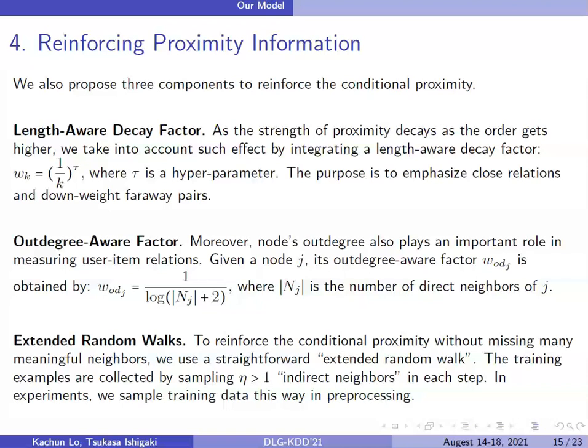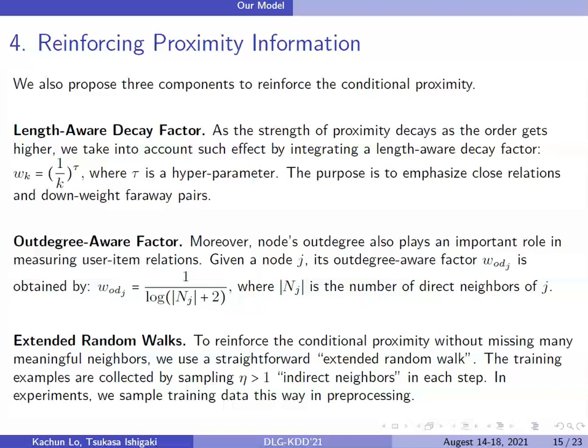So we take into account such effect by integrating a length-aware decay factor, where k is simply the length of the path. The second component is called the out degree aware factor. Moreover, a node's out degree also plays a very important role in measuring user-item relations.